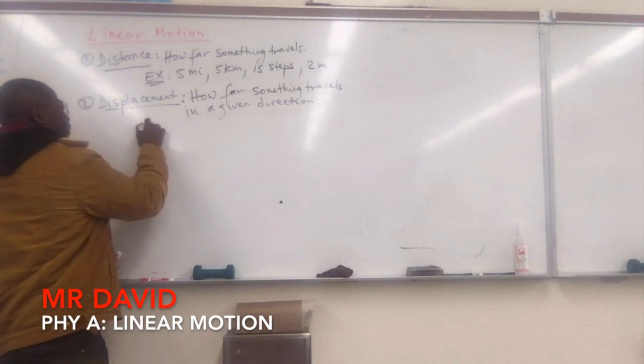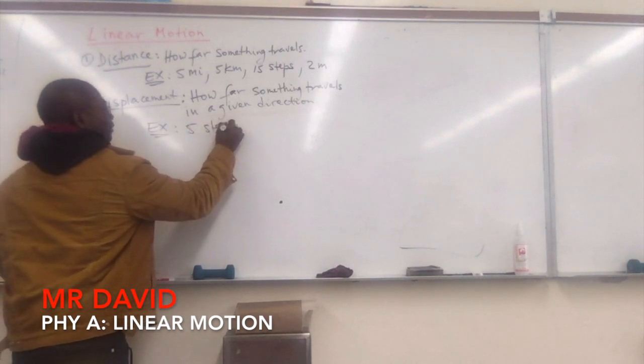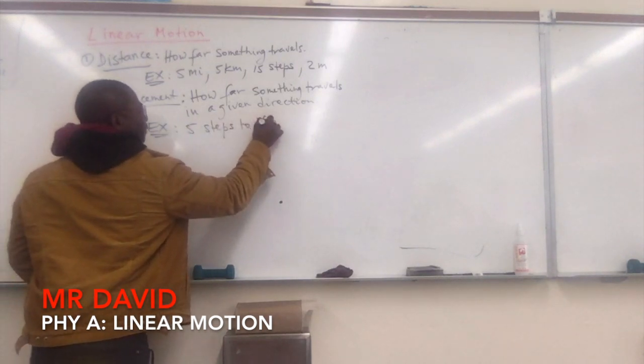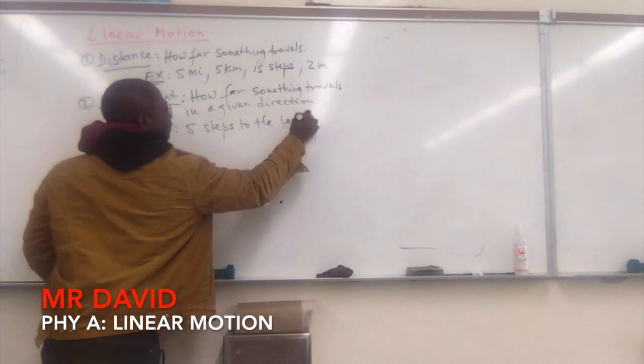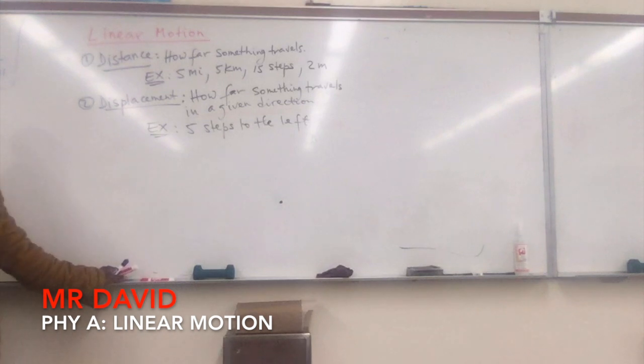Give a few examples. 5 steps to the left. See? 5 steps to the left. So it's the distance and direction.